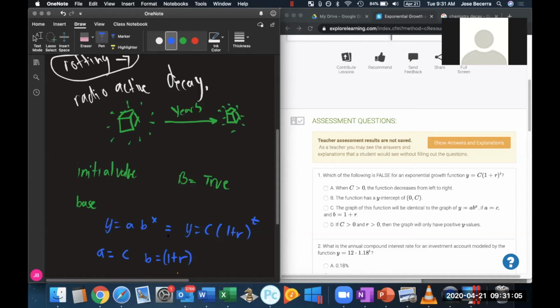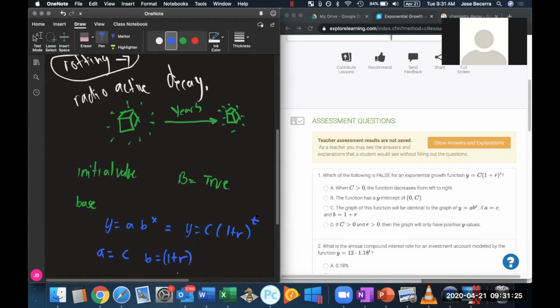Would these two be equivalent? Maddie, what do you think? Yeah, they look pretty equivalent, right?